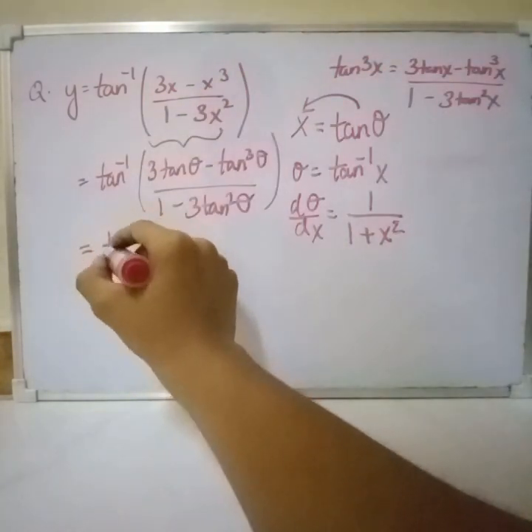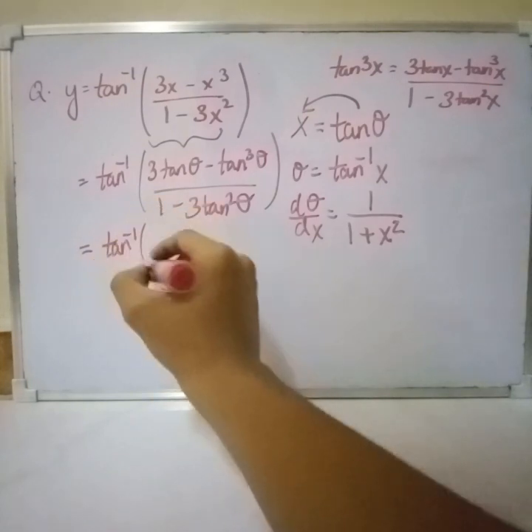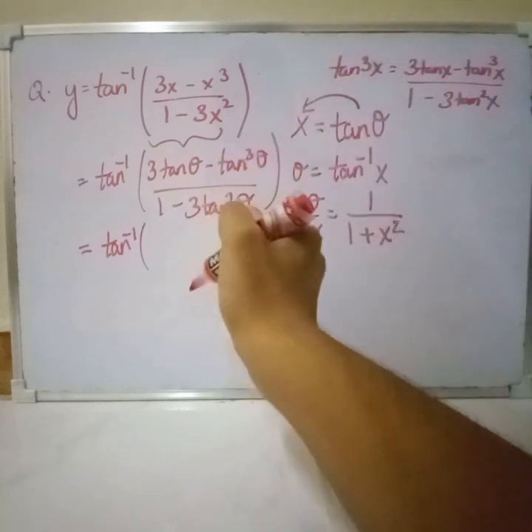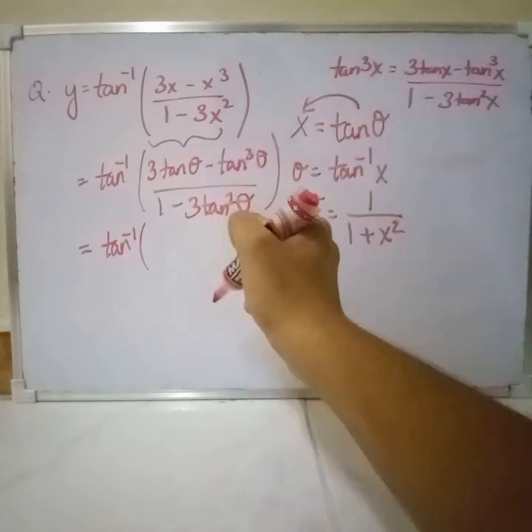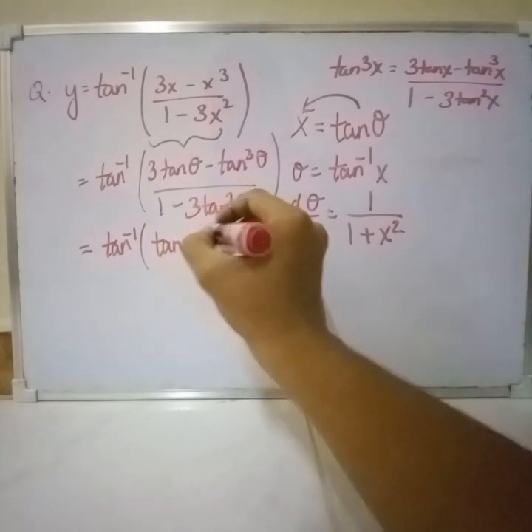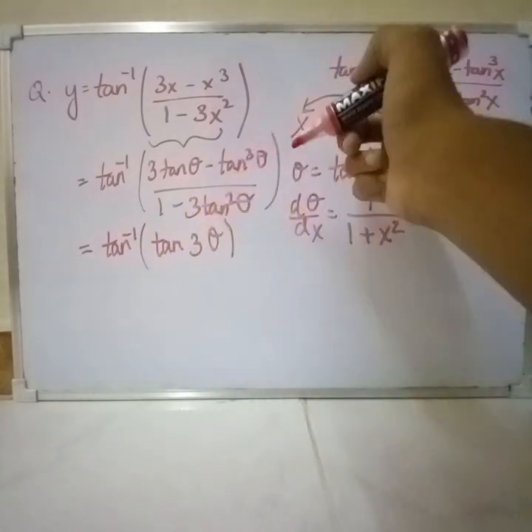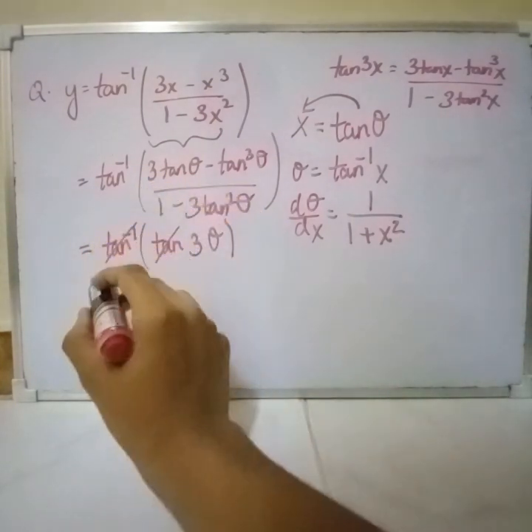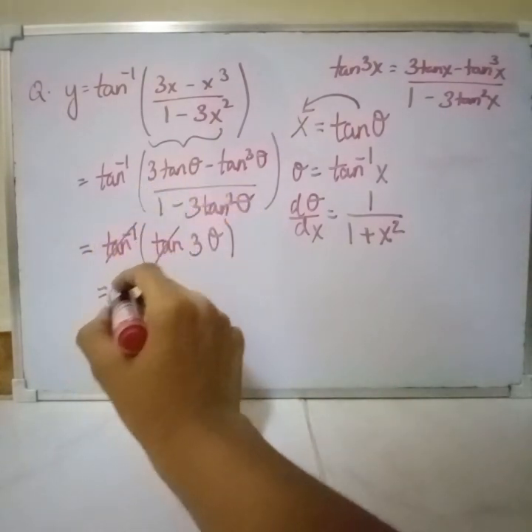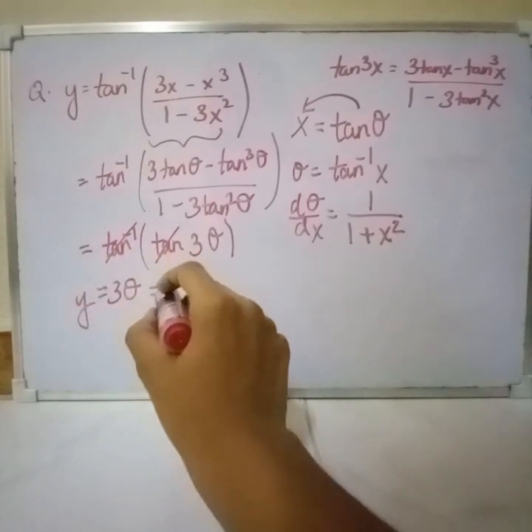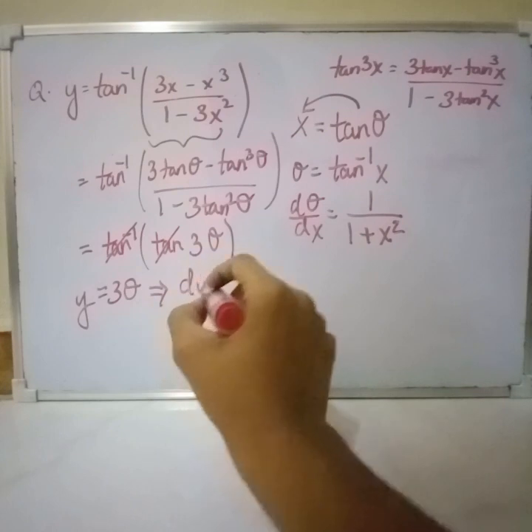So it becomes tan inverse of, instead of tan 3x, here we have, instead of x, theta. So it will be tan 3 theta, right? Tan and tan inverse get cancelled, so it will be equal to 3 theta. So y is equal to 3 theta, and we have to find dy by dx.